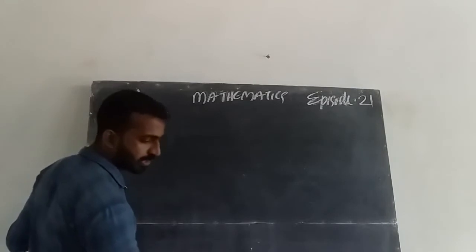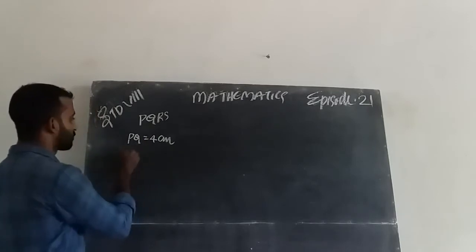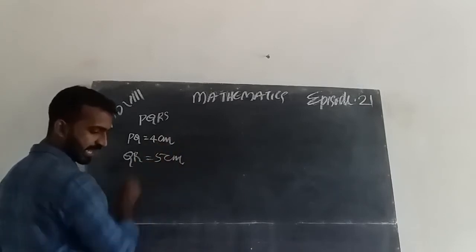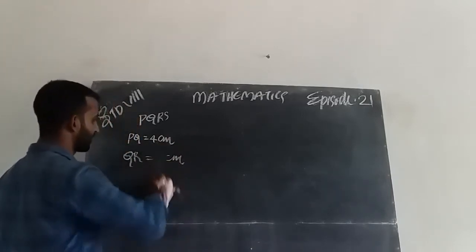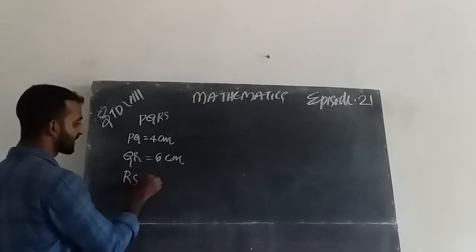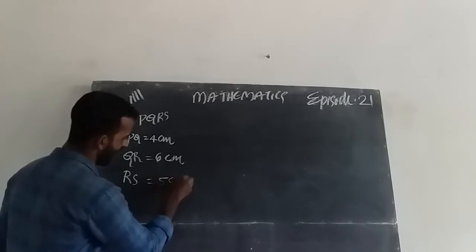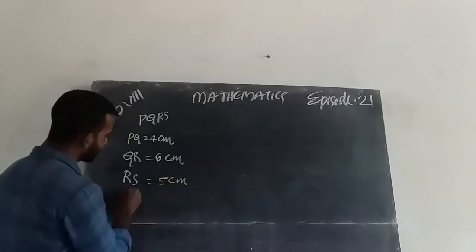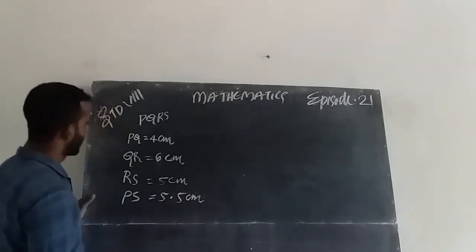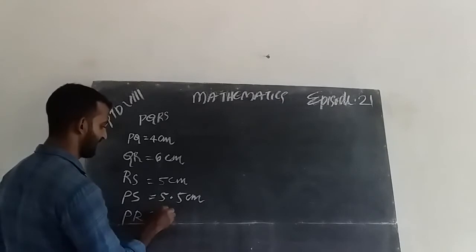PQ equal to 4 centimeters, QR equal to 6 centimeters, RS equal to 5 centimeters, PS equal to 5.5 centimeters, PR equal to 7 centimeters.